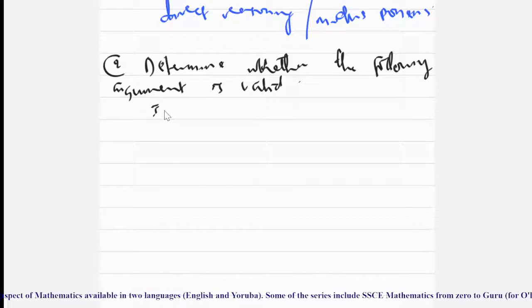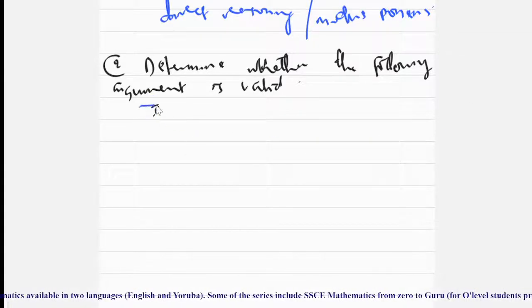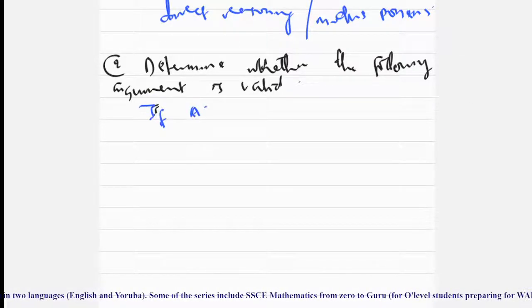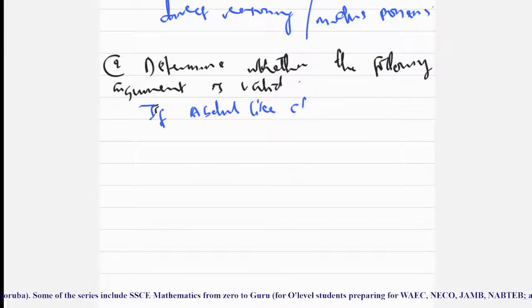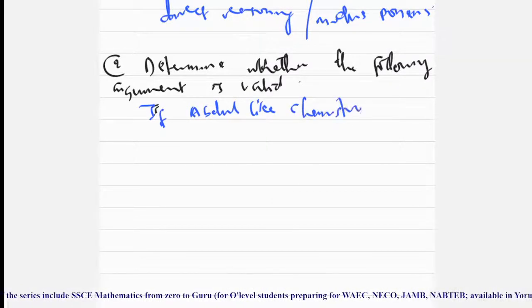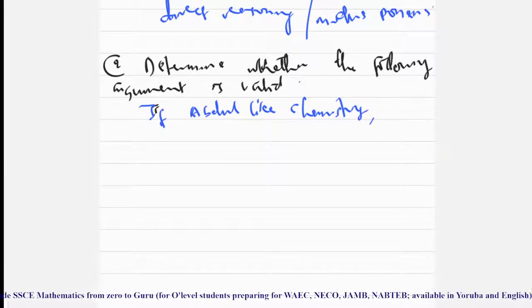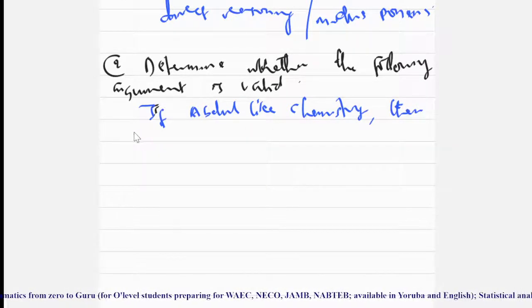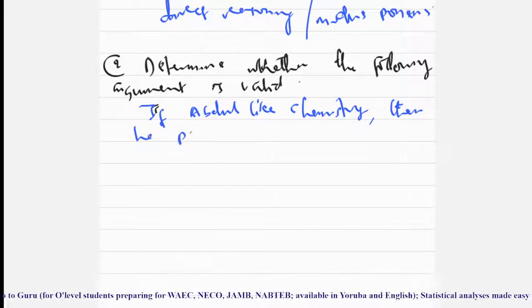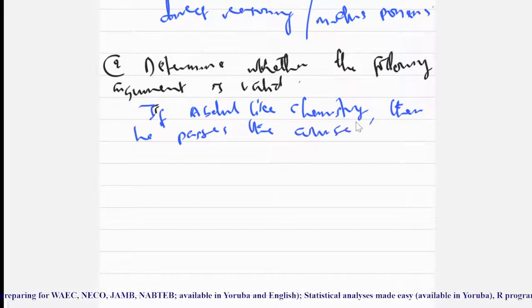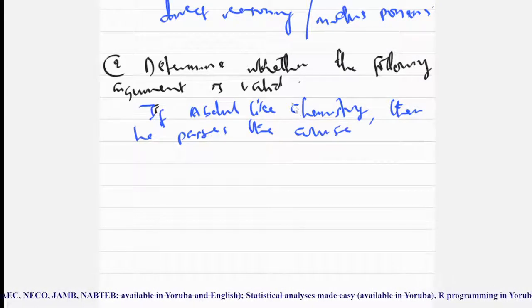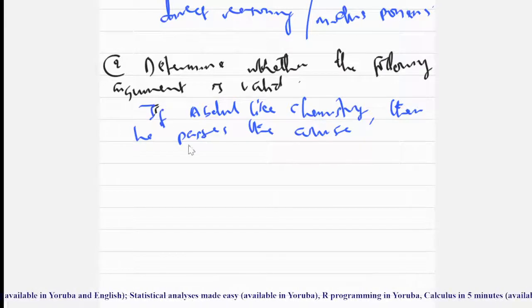We have the argument like this. Let me write it in another marker. If Abdul likes chemistry, you know this is a premise, right? Or let me say a statement, then he passes the course. This is another statement, but the combination of this is a premise, a compound proposition for that matter.